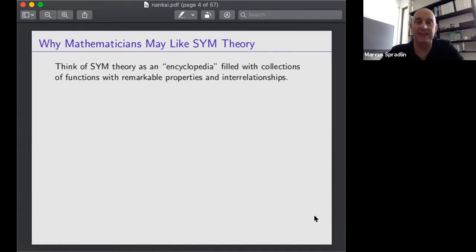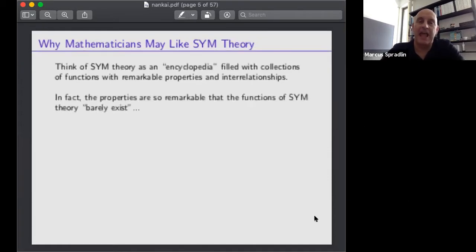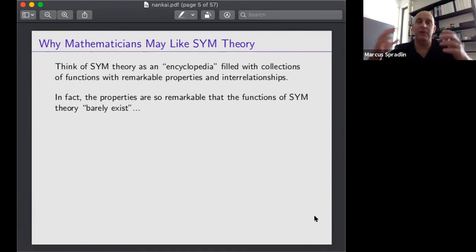Consider the physicists like oracles who hand you these encyclopedias filled with functions that have really remarkable properties and interrelationships. In fact, because super Yang-Mills theory is, in a fairly precise sense, a unique quantum field theory, these functions and their interconnected web of interrelationships barely exist.